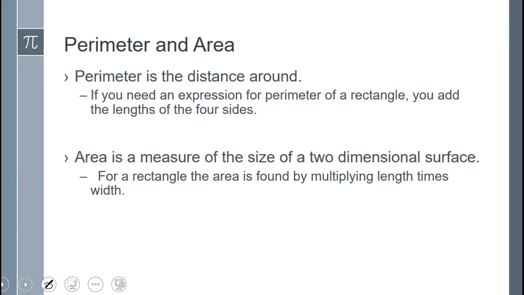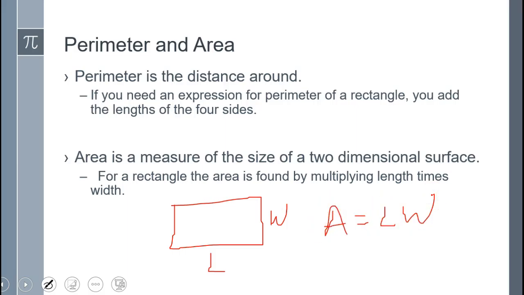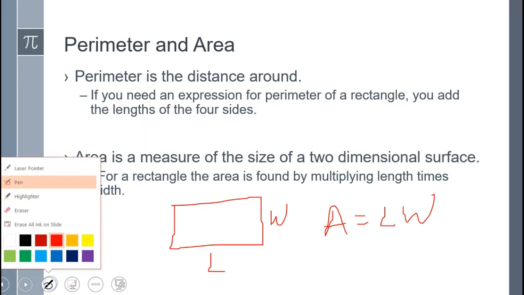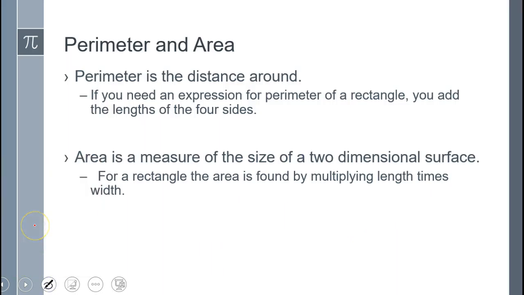So area of a two-dimensional surface, if we have length and width, the area is multiplying length times width. For a rectangle, that's the most common formula you'll come across, but there are other formulas you may run into, like for a triangle or a right triangle particularly.